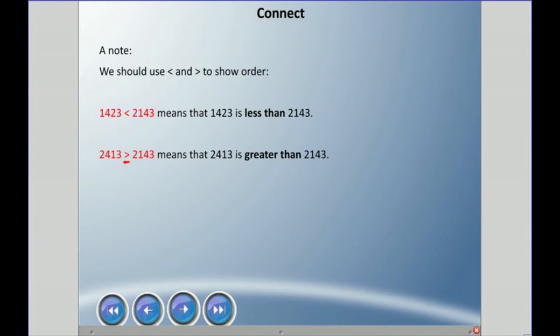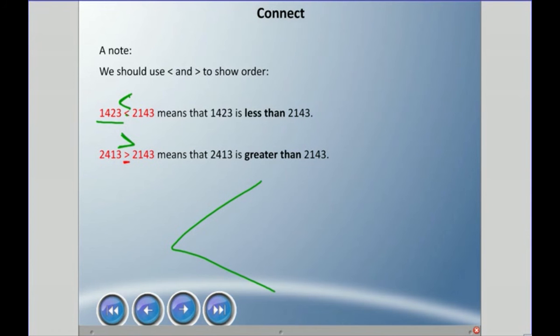So what we're saying is 1,423, and this is pointing this way, and that means less than. So we would say the words less than. Now, if it's the opposite way, going this way, the opening is towards the bigger number, we would say greater than.